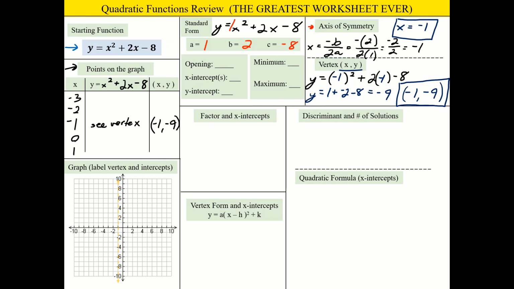Then these other values, for -3, it's -3 squared plus 2 times -3 minus 8, and that would give us -5. So the ordered pair is -3, -5.